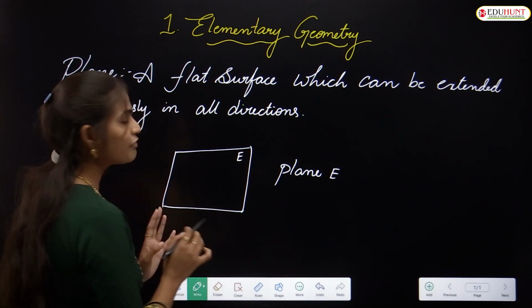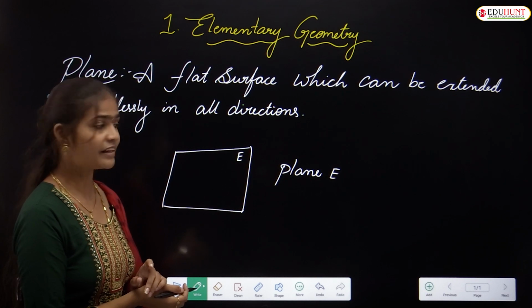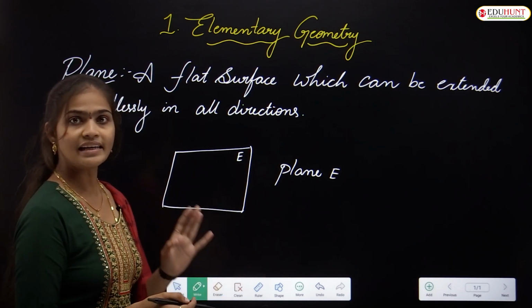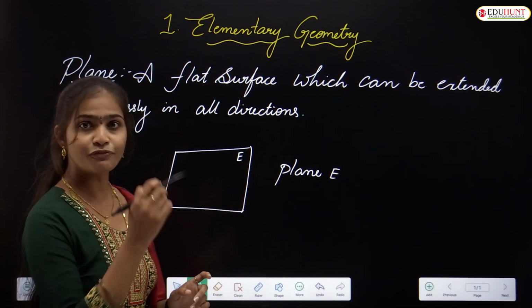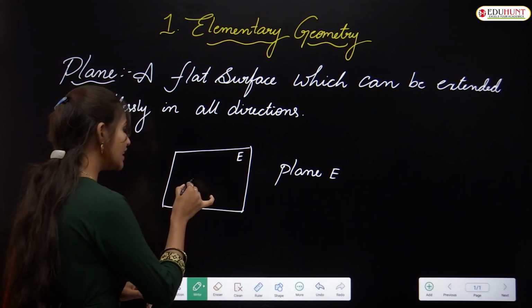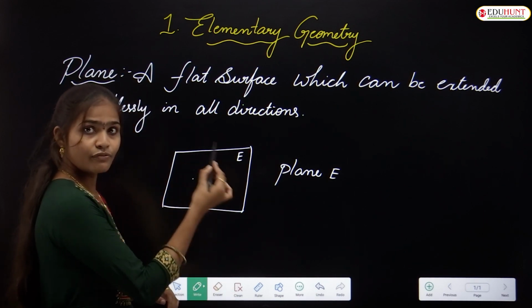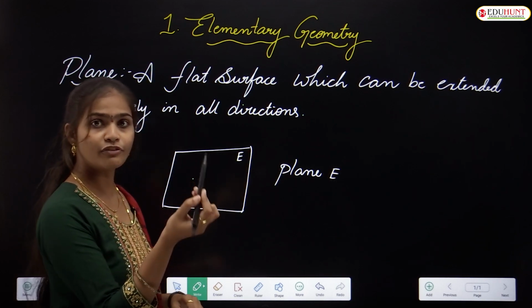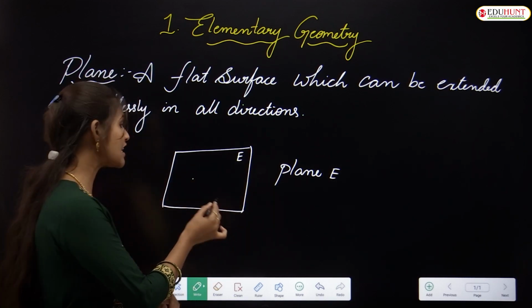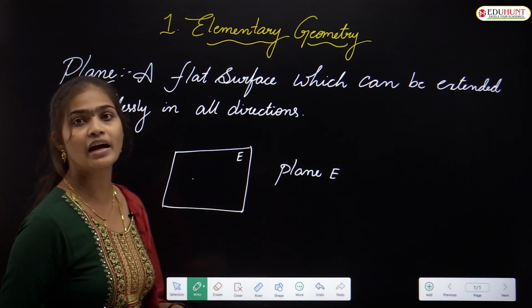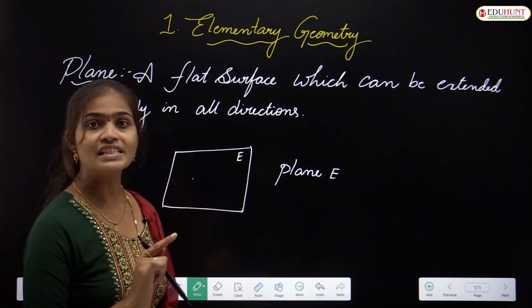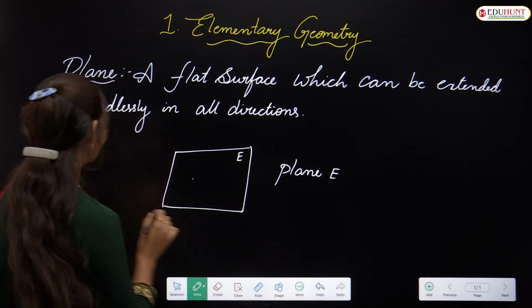After the plane, now I have here one plane. If you want to start writing anything, first you have to start with a dot. If you keep your pencil or pen on that flat surface, the first figure you keep is a dot, which is nothing but a point.